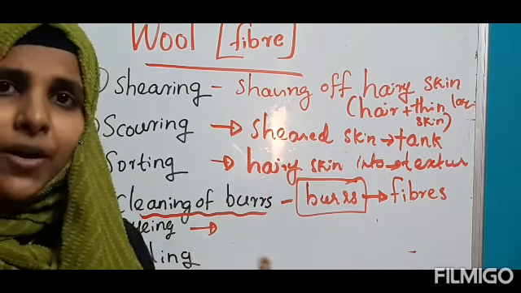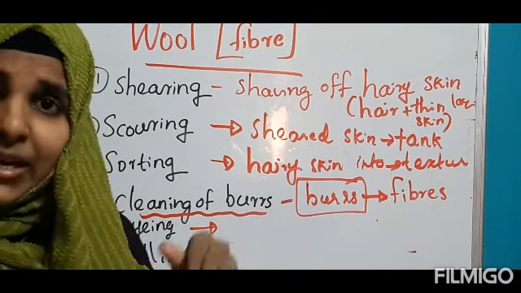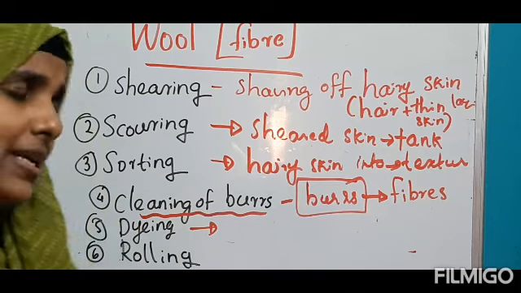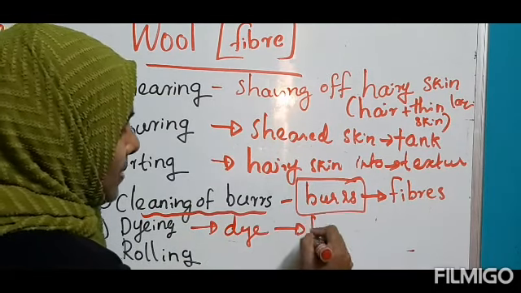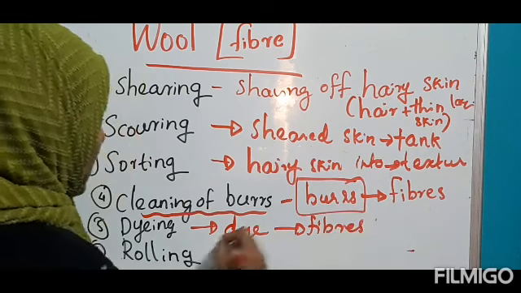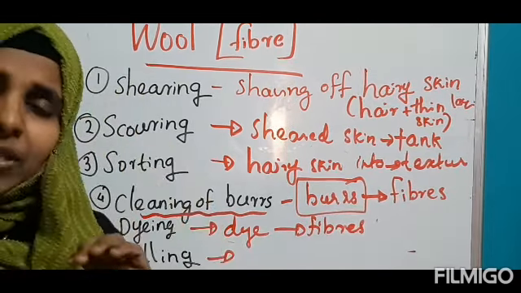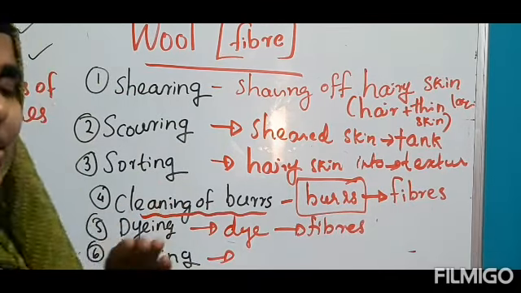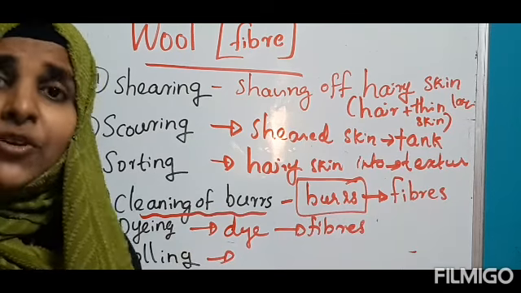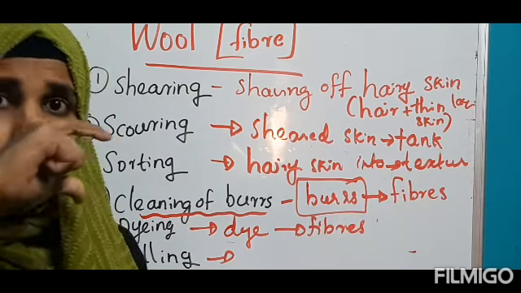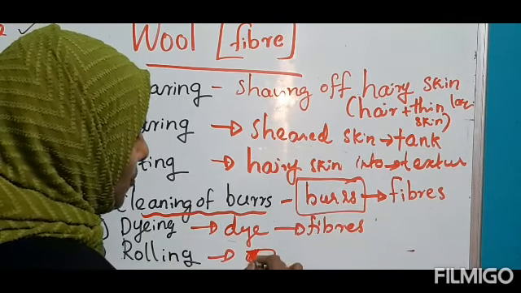Actually sheep are brown, black or white in color, so if you want any color, we are using the dye for these fibers. After dyeing we will roll those fibers. Even at your home you can see the rolling yarn, different colors of rolling yarn.